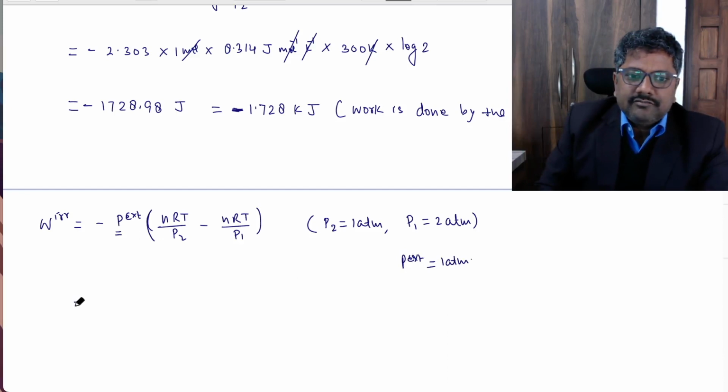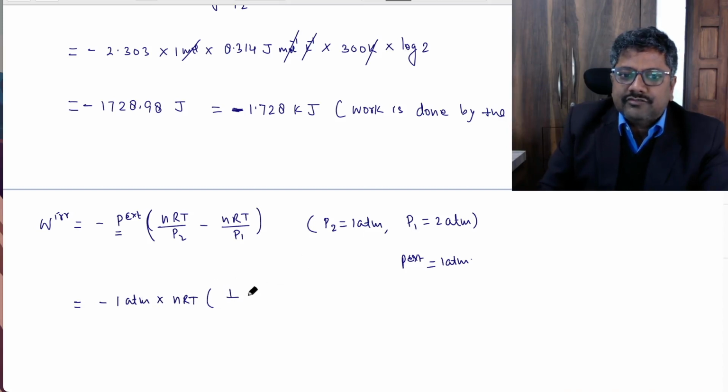So this time minus 1 atm into nRT into (1 by P2, P2 is 1, minus 1 by P1, which is 1 by 2).